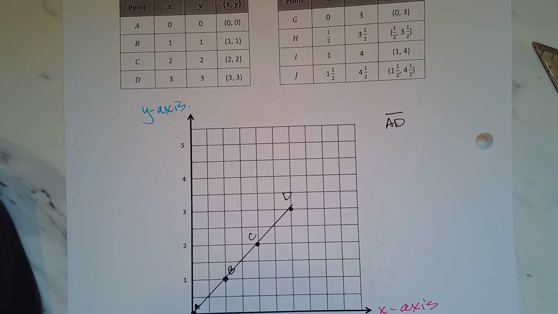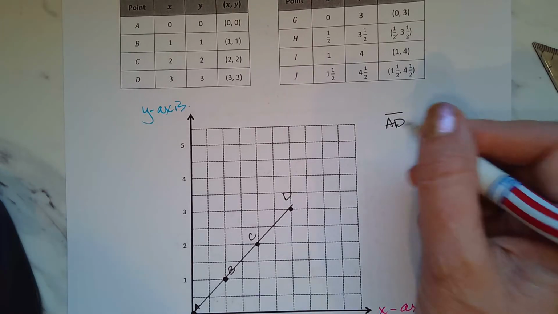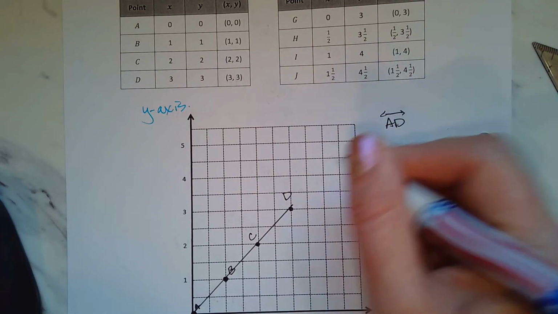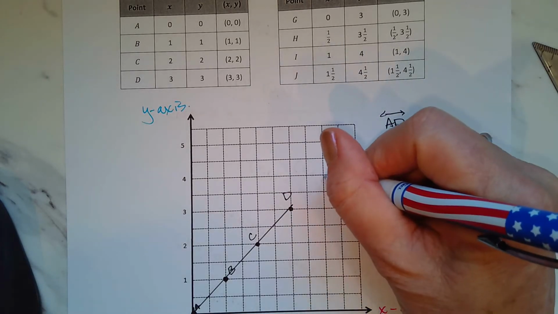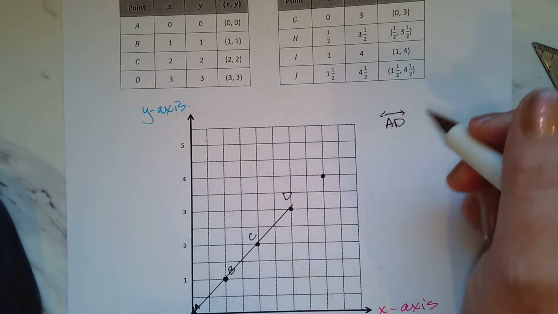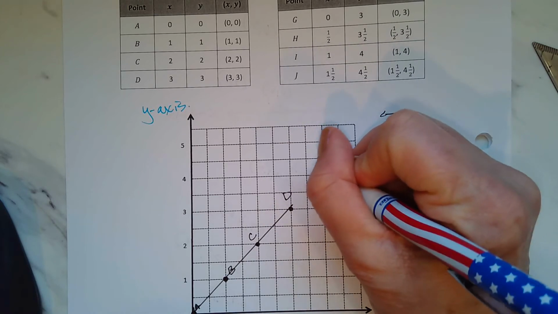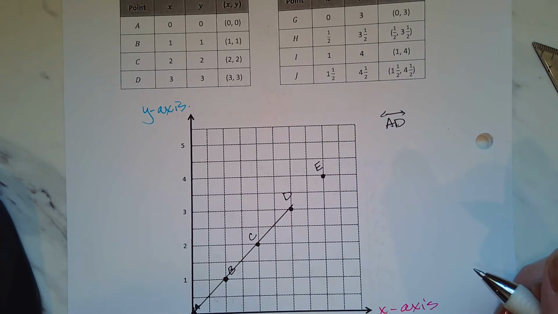Well, the point with coordinates 4, 4, will that be on the same line? Will that fall on line AD? Yes, it will. So if we plotted this up to 4, that would still be on the line.